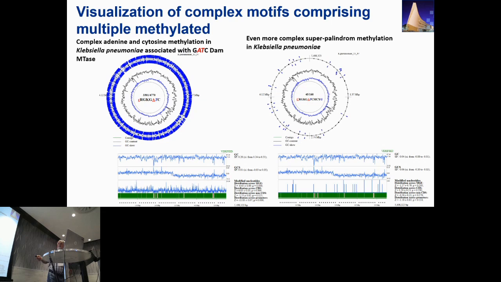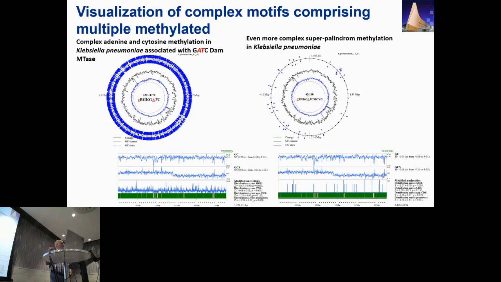What is important is that our program can take a sequence of this canonical motif. This sequence can contain ambiguous nucleotides like R, K, because motifs are very often semi-conserved. It can take positions of multiple locations in the motif which are expected to be methylated.